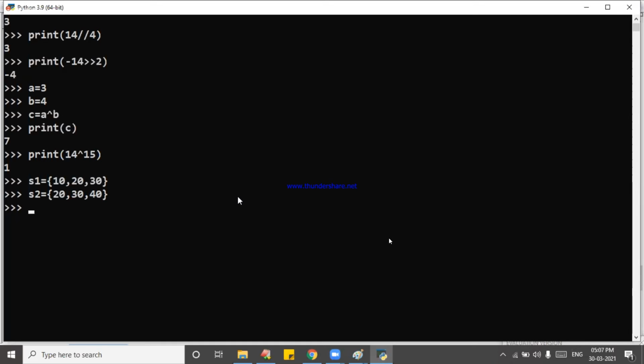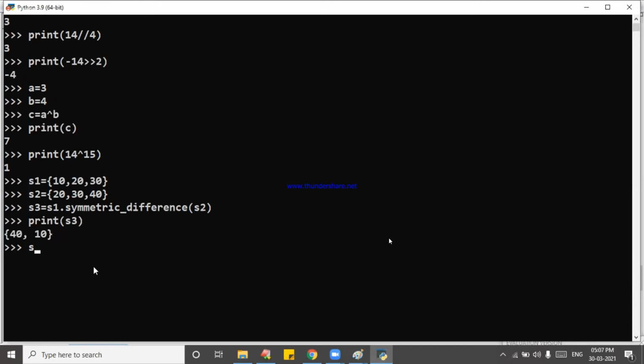Now S3 is equal to S1.symmetric_difference of S2. Print S3. What is the answer? Symmetric difference is already explained in our classes: the left out elements in both places, 10, 40. Do you remember this part or not?